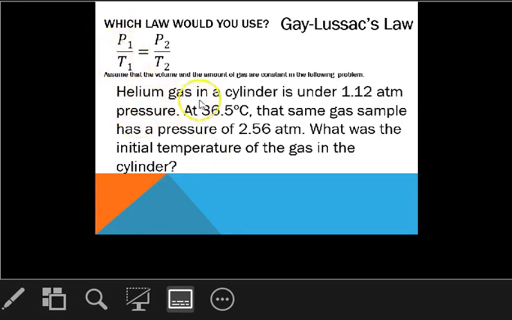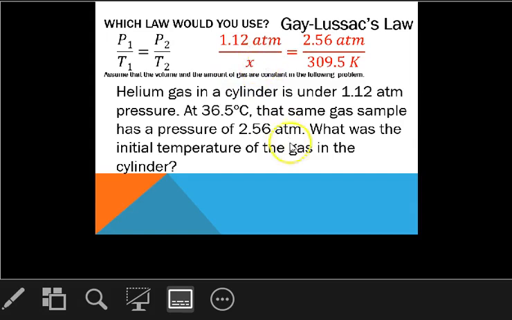So helium gas in a cylinder is under 1.12 atmospheres of pressure. This was in your assignment on the mixed gas laws problems. And then it says at 36.5 degrees Celsius, the same gas has a pressure of 2.56 atmospheres. And it's asking what's the initial temperature.